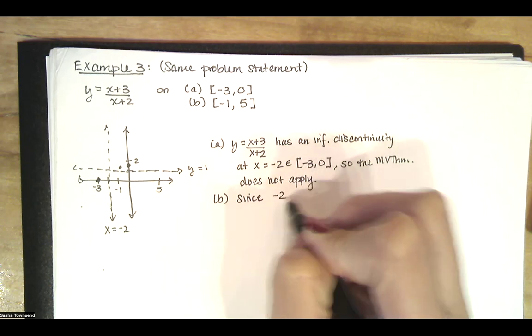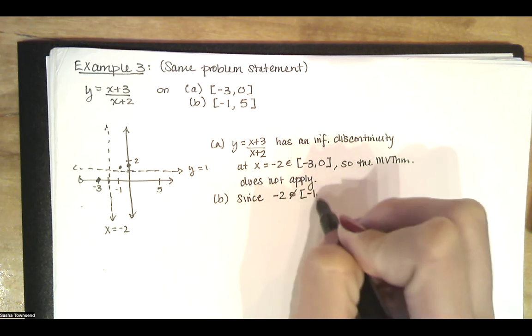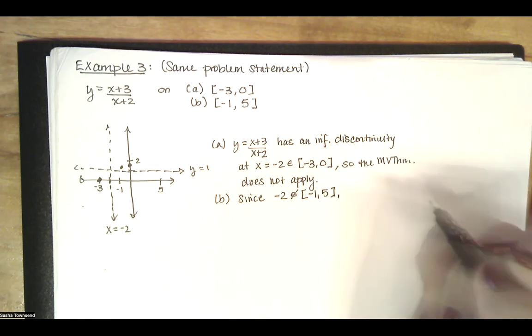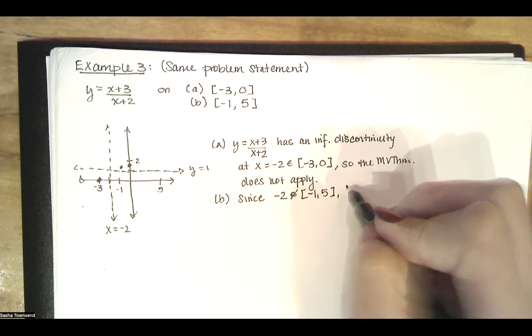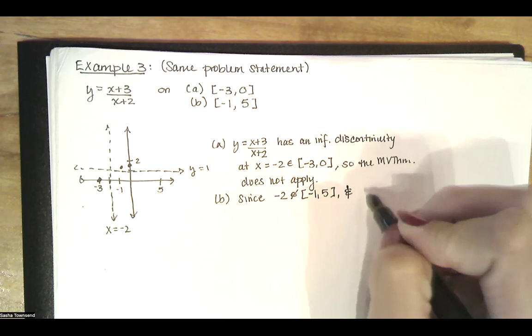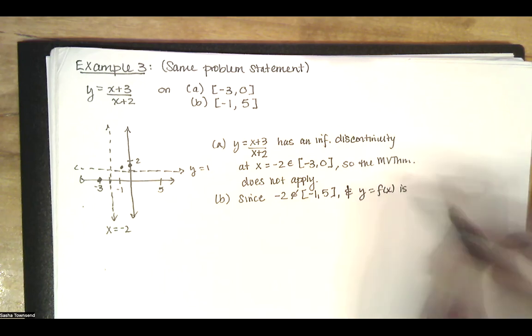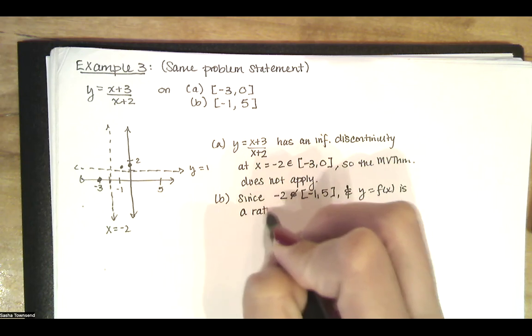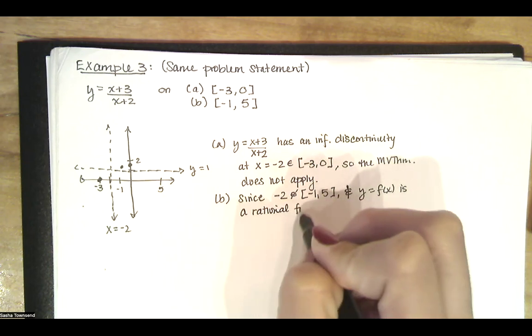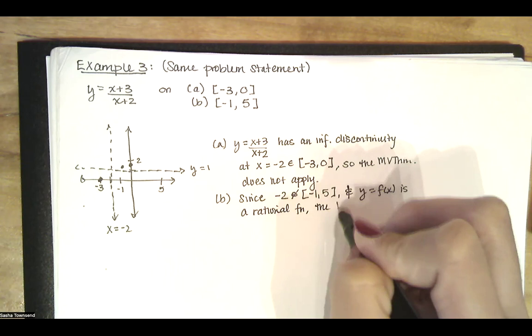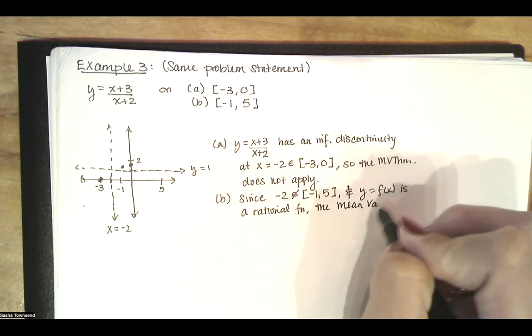So we'll say since -2 is not in the interval from -1 to 5, and y equals f of x is a rational function, the mean value theorem applies.